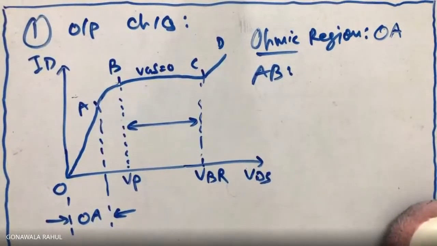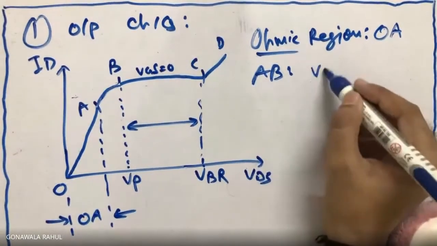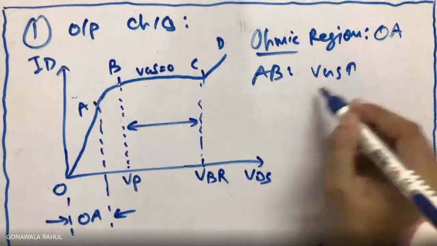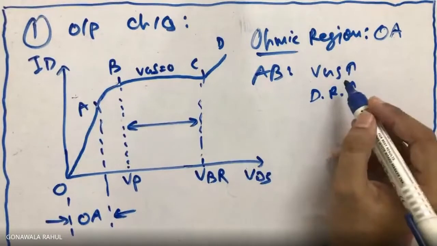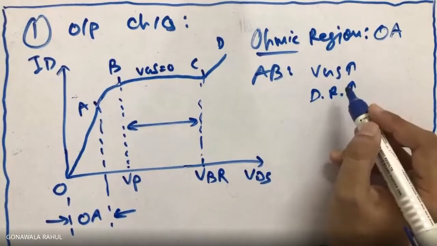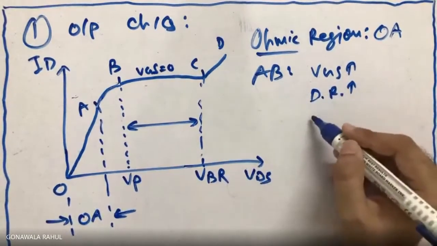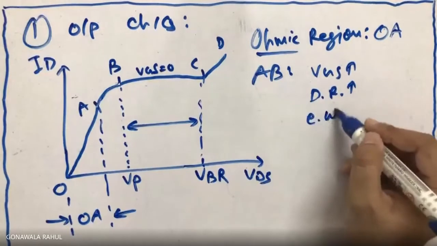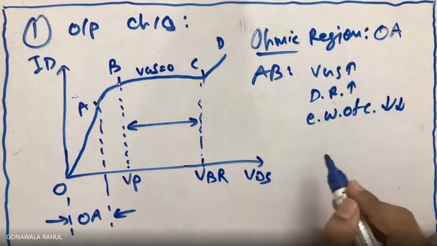When VGS is increasing, the depletion region grows, so it will reduce the effective width of the channel.